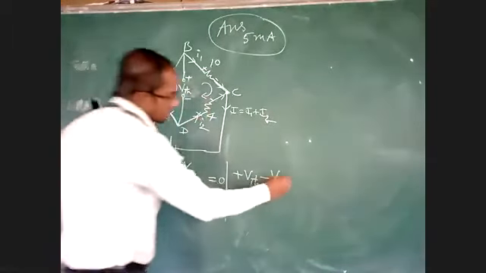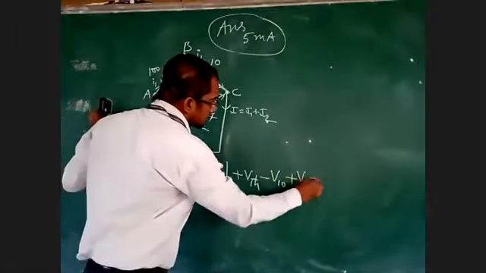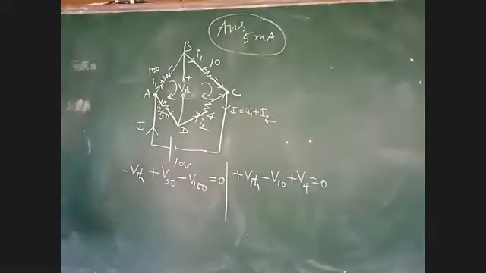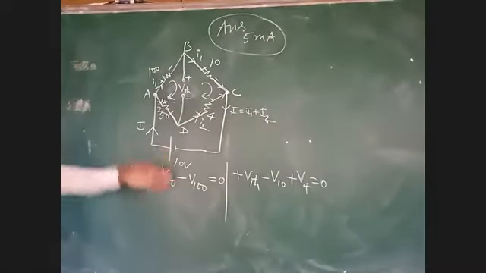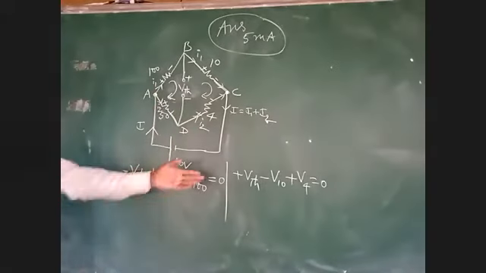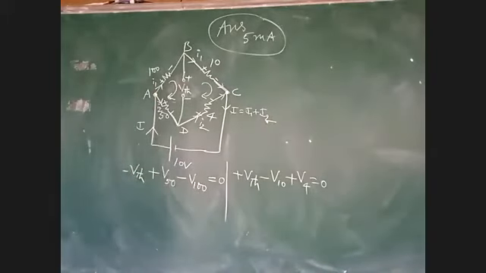Minus to plus: plus voltage in 4 ohms. That is equal to 0. We can take either this equation or that equation. You get the same answer, VTH. I am adding all the voltages in a loop equal to 0. According to KVL, the algebraic sum of voltage drops in a loop is equal to 0.